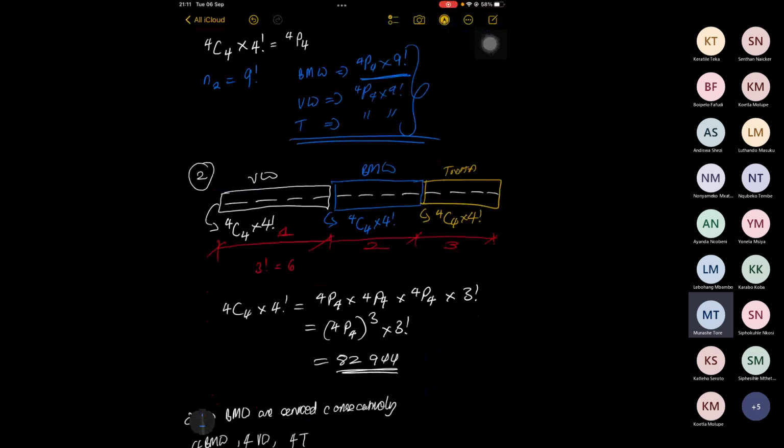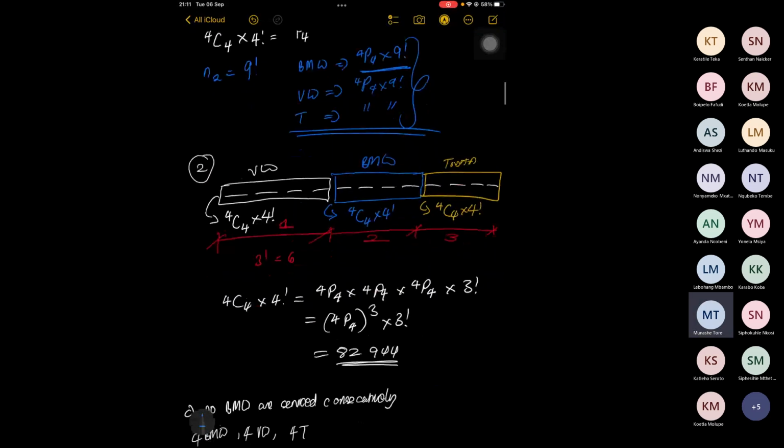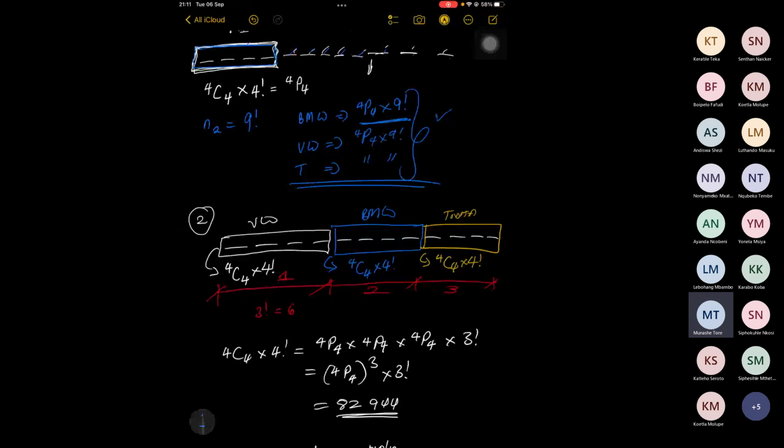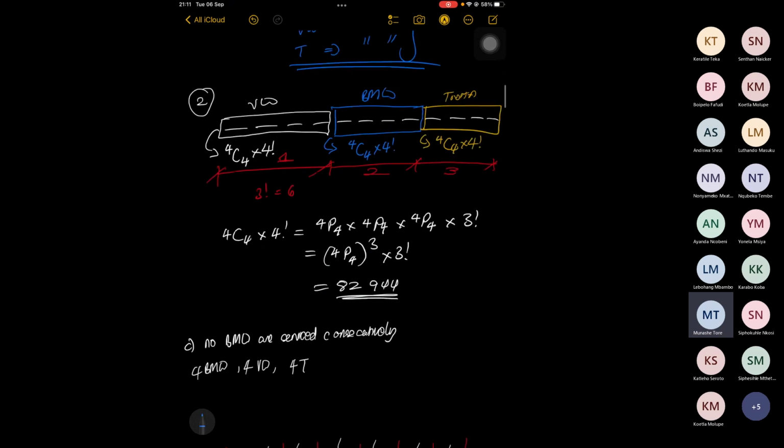So as I was explaining here, you can either take this case where BMWs are serviced consecutively only, then VWs only or Toyota only, then you compute as we did here. Or we can consider that whenever the manufacturer starts servicing VWs, it only stops until all the VWs have been serviced. Then it goes on to BMW, then it goes on to Toyota also.